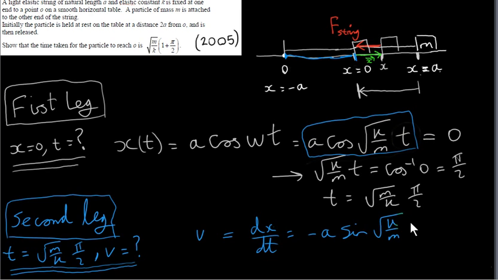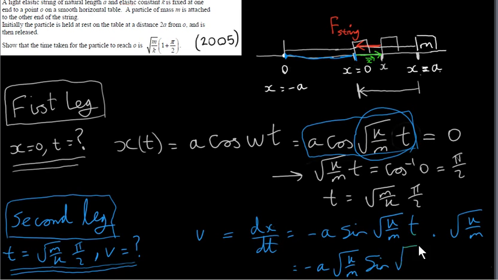And by the chain rule, we must multiply by the derivative of the angle. The derivative of root k over m times t with respect to t is just root k over m. It's just the coefficient of t. Of course, we bring that root k over m to the front, so we get minus a times root k over m times the sine of root k over m times t.